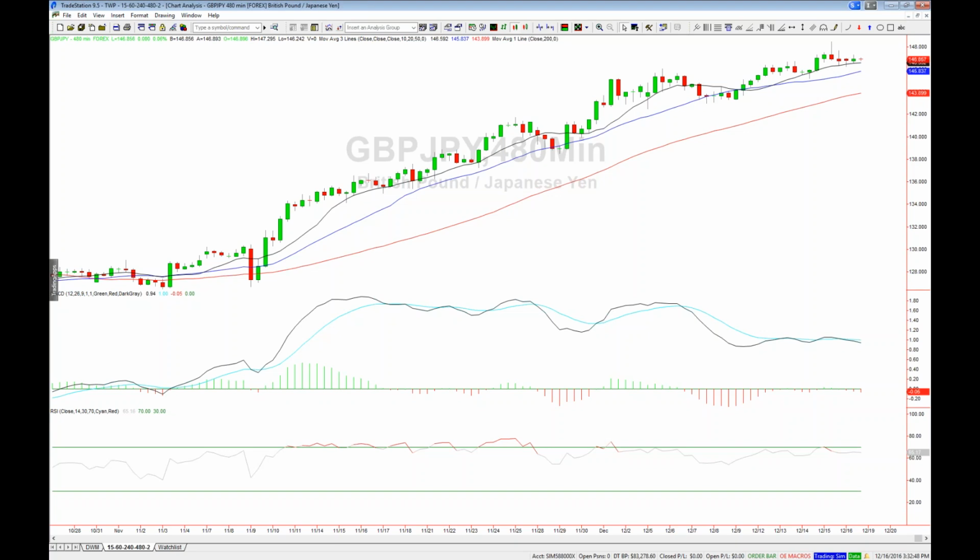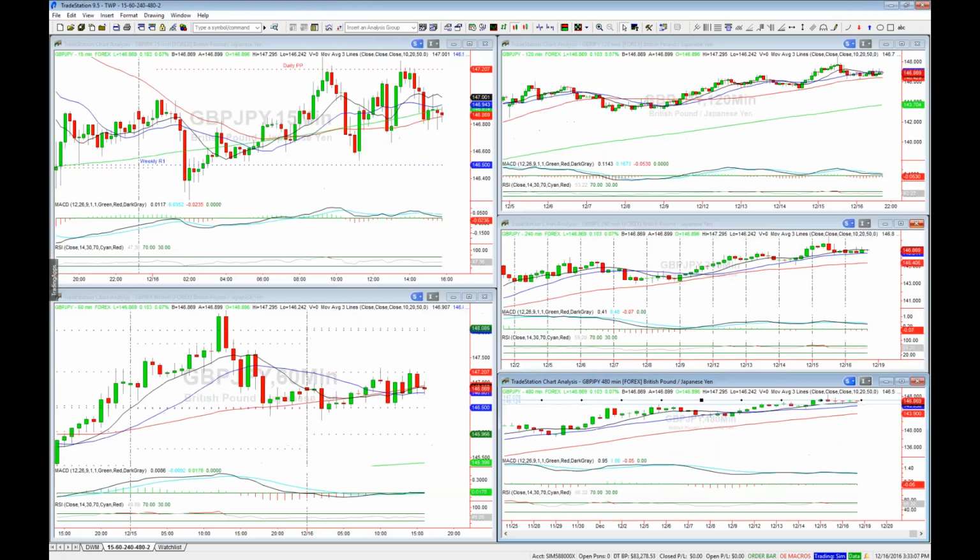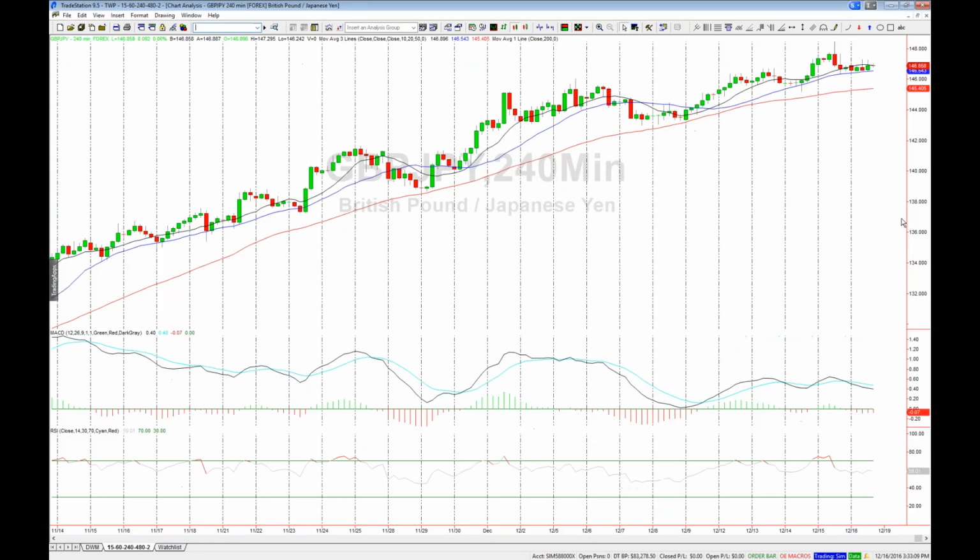Now the potential setup that could be tradable here might be a breakout of this level, a breakout above the high, and then shooting for higher prices. Now that's the 8-hour chart. Let's have a look at lower time frames. Pretty much the same picture here on the 4-hour chart.